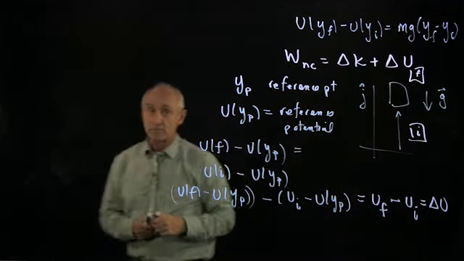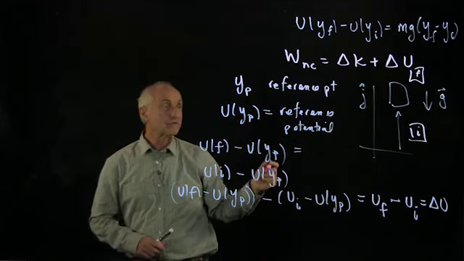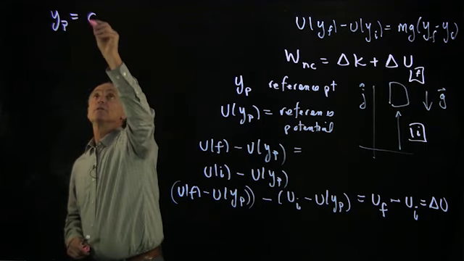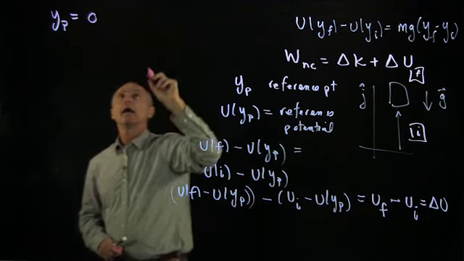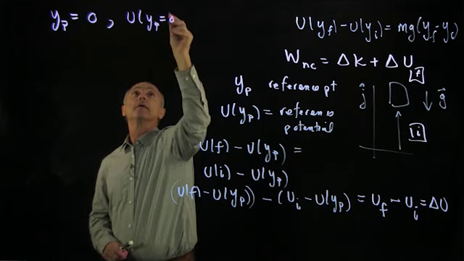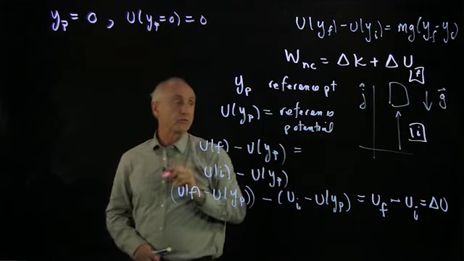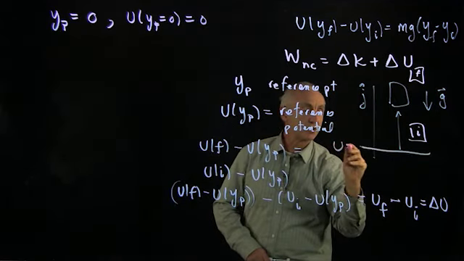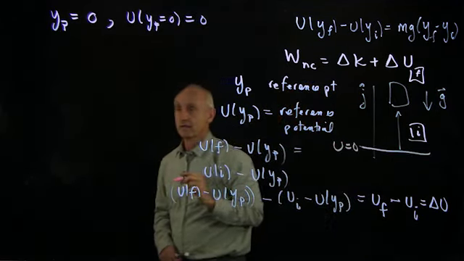Now let's look at our example. So for our gravitational problem, we will choose y reference point to be 0. And we'll choose the potential energy at this reference point also to be 0. So our reference potential at the origin is 0, and I'll denote it like that.